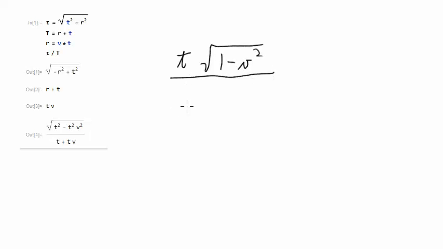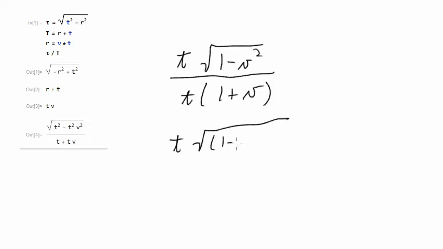So let's simplify that a little bit, and we'll have t times the square root of 1 minus v squared divided by t times 1 plus v, which comes out to be t times the square root of 1 minus v times 1 plus v divided by 1 plus v.